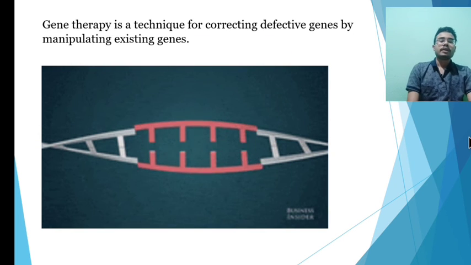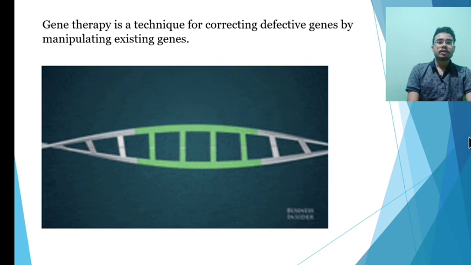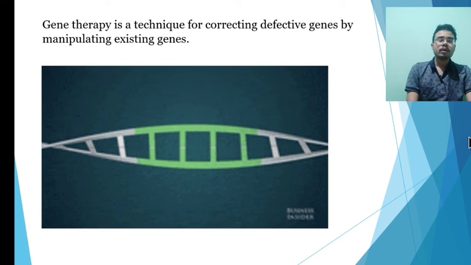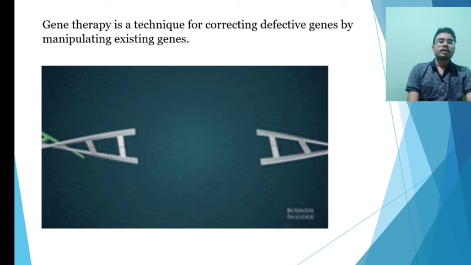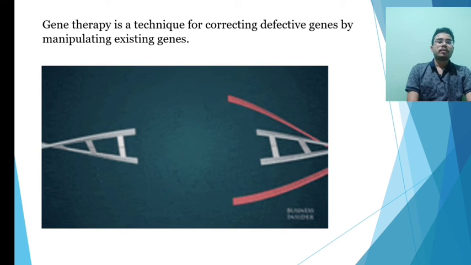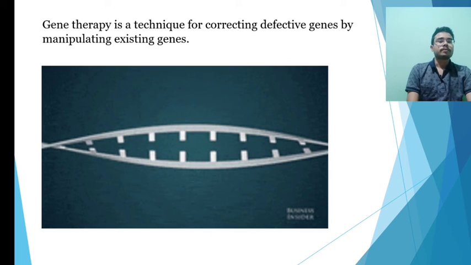Gene therapy is a technique for correcting defective genes in human beings as well as in other animals or plants. We all know that not all the genes present in our genome are active, or they may act wrongly, producing an offensive character.